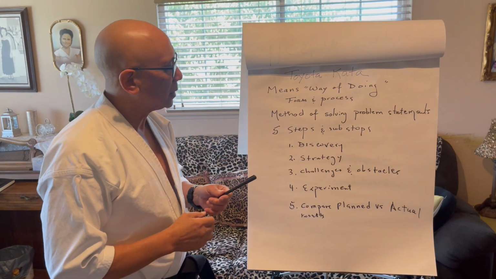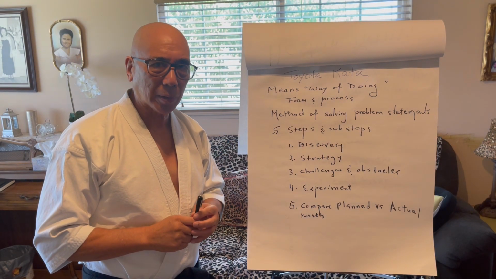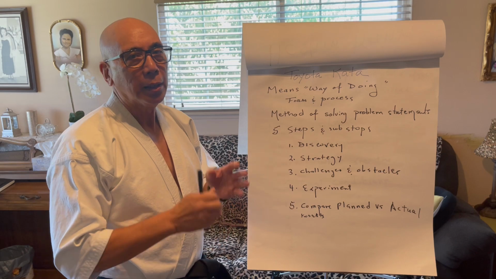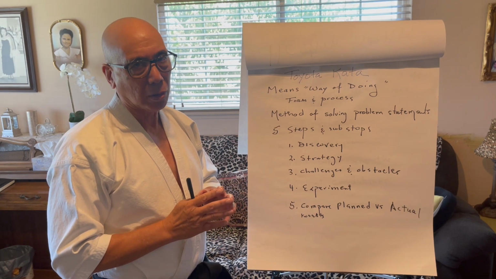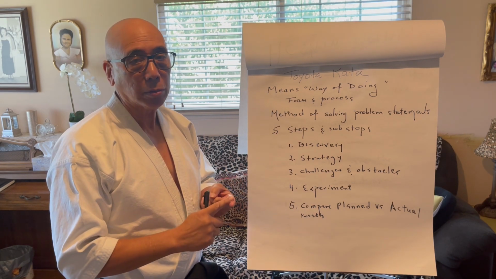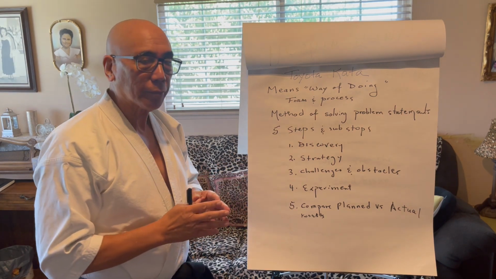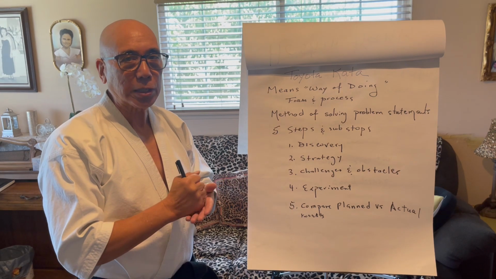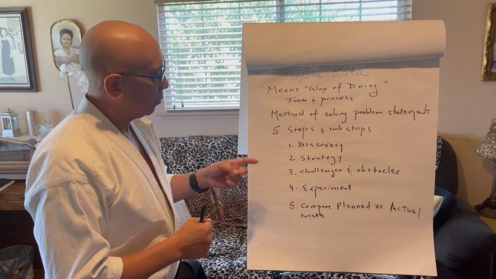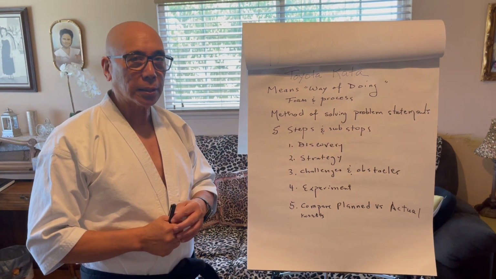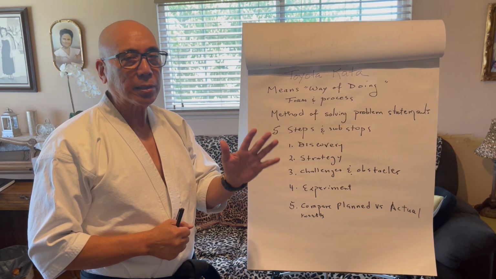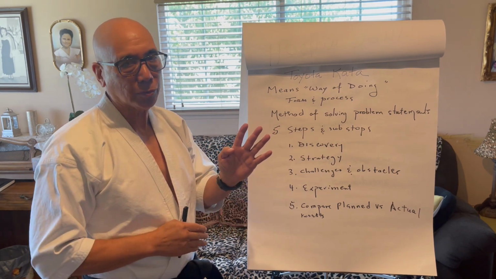Now, a kata is a method of solving problem statements. Companies have problems all the time. They could be small, medium, and large, and if you do it right, you can resolve these problems. What's key here is that Toyota Kata has 5 steps with sub-steps within them.